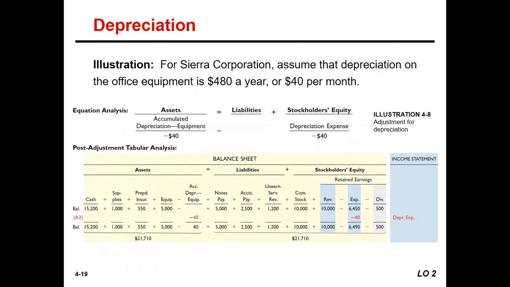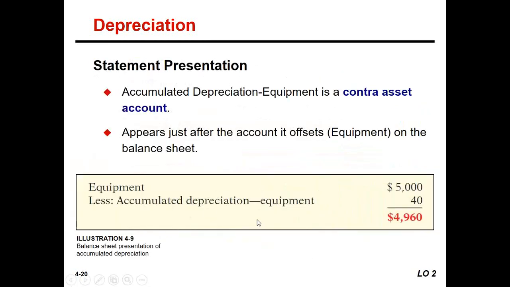So it's a contra asset account. Our entry then is accumulated depreciation, equipment, and depreciation expense, which reduces our stockholders' equity. Now remember, these accounts are the sum total of every entry in them since the beginning of time.